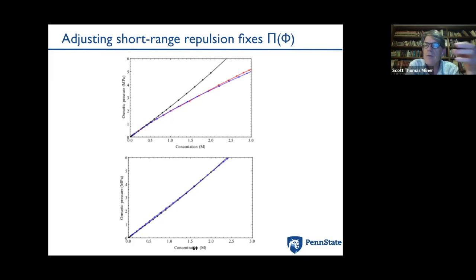The sodiums and the chlorines can't get quite as close. And as a result, we can make the simulated and measured osmotic pressures basically coincident, making a few percent adjustment in basically the size of the ions that governs their mutual interaction.